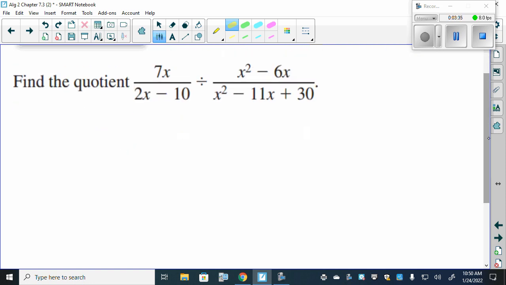All right, let's go on and look at the first one. When we look at any of these here, the first thing I would do for dividing two rational expressions is not to factor.